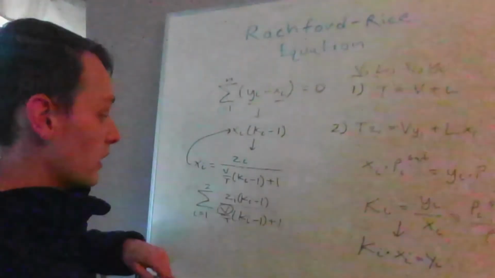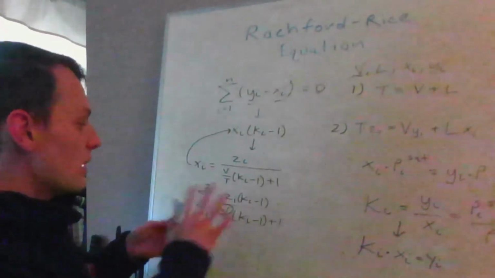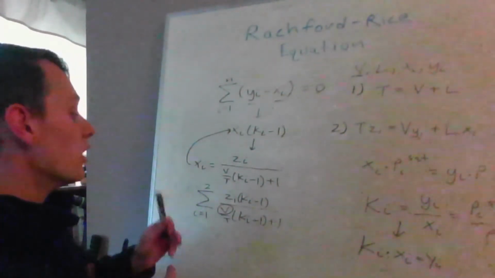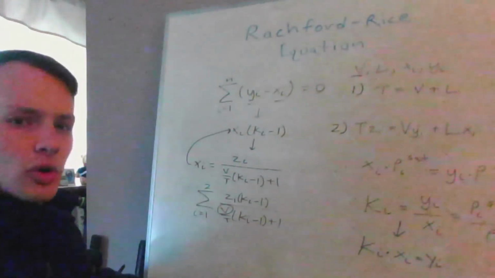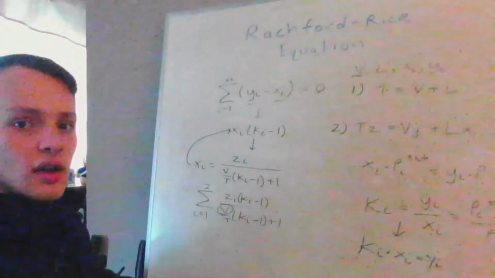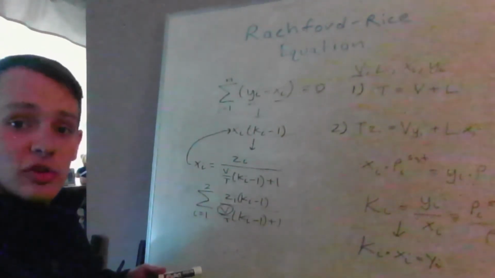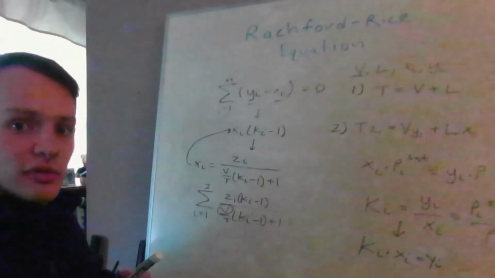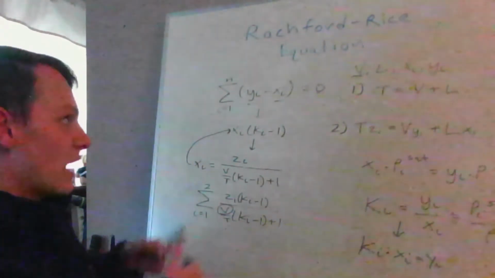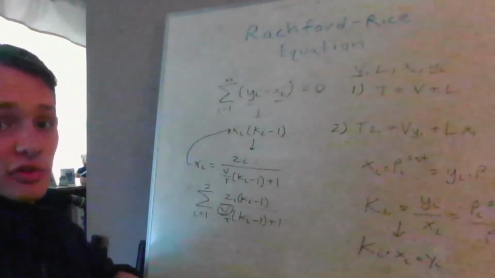I think that's extremely useful, and as you can see, especially from past videos, the manipulation we had to do, all the algebra, to figure out the Rachford-Rice equation really isn't that difficult. It honestly reminds me of what we did when we were trying to find an equation for the dew pressure. We basically make a very obvious observation. We describe that reality with some sort of equation. And in this case, again, it was a summation.